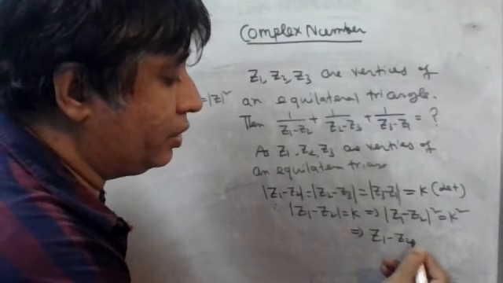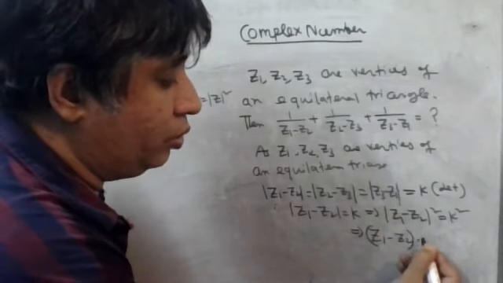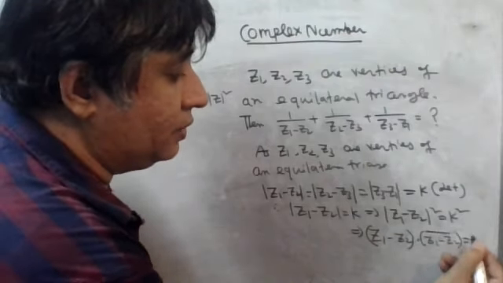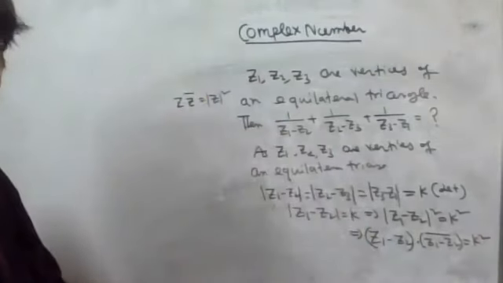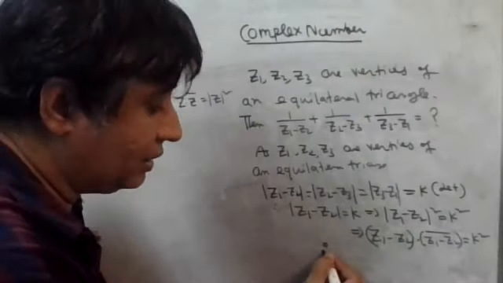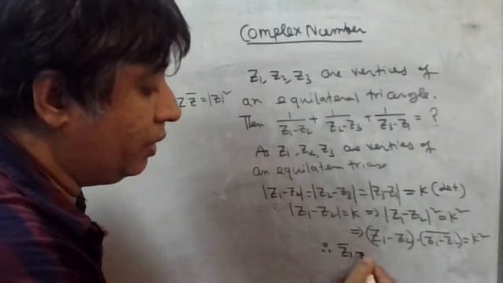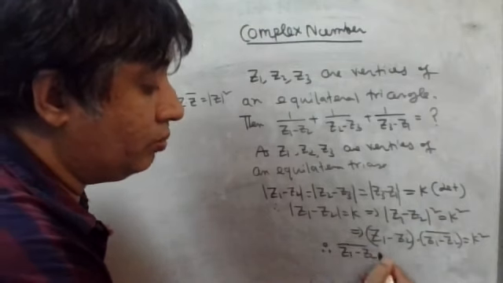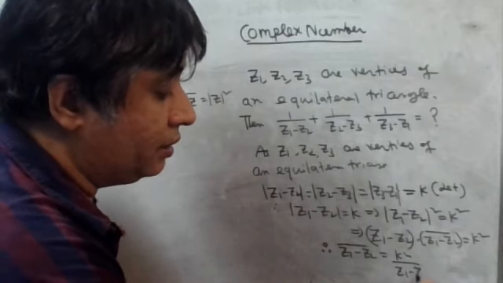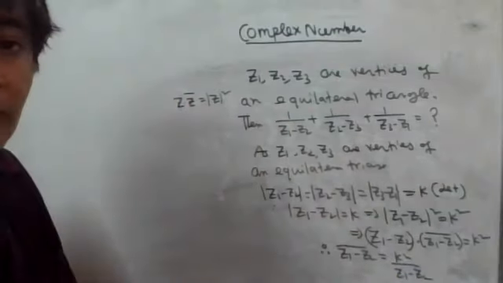So Z1 minus Z2 into Z1 minus Z2 bar is equal to K square. Okay? That is, Z1 minus Z2 bar is equal to K square by Z1 minus Z2.